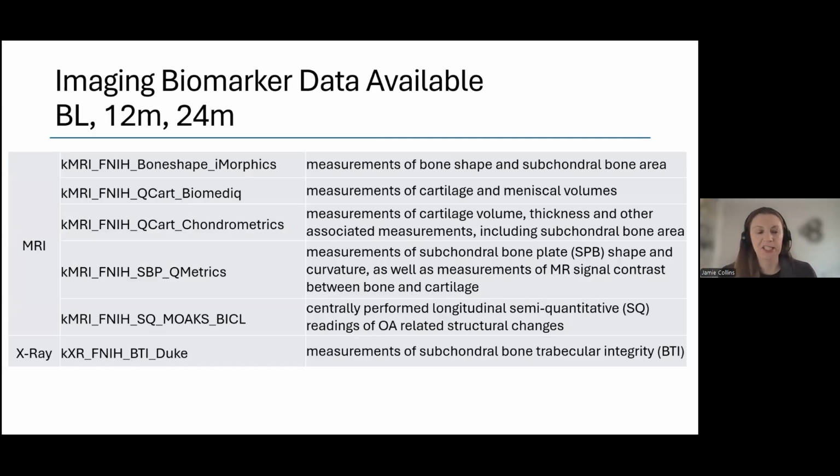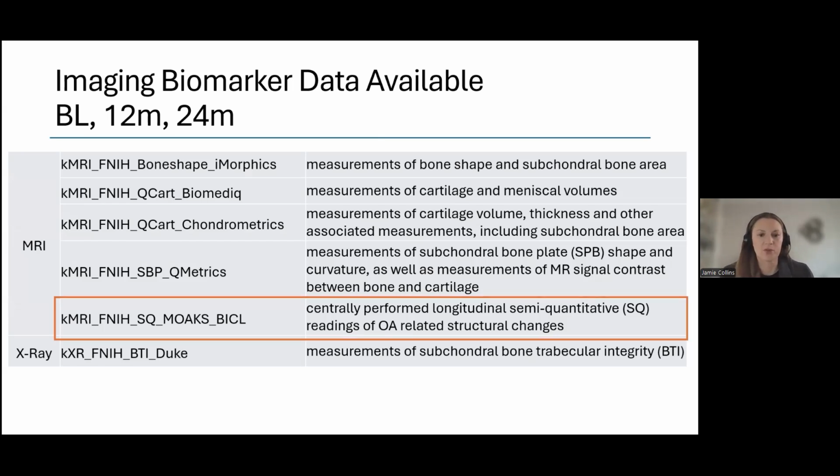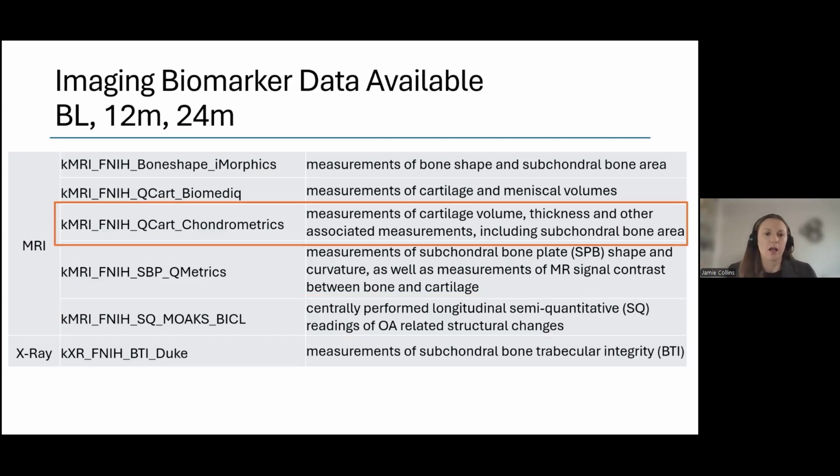These measures were assessed by several different groups, and each set of biomarkers is in its own data set. So for example, the centrally performed longitudinal semi-quantitative readings with MOAKS were performed by Boston Imaging Core Labs, and that's in one data set. Chondrometrics did measurements of cartilage volume, thickness, and other associated measurements, including subchondral bone area, and those are in their own data set.